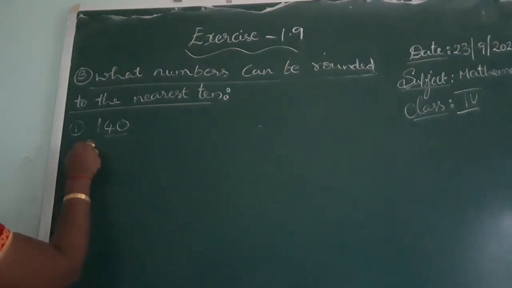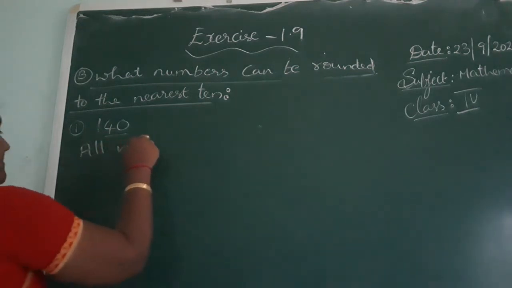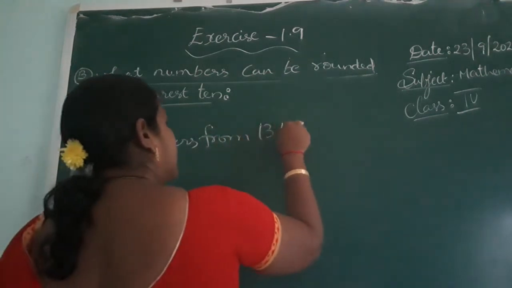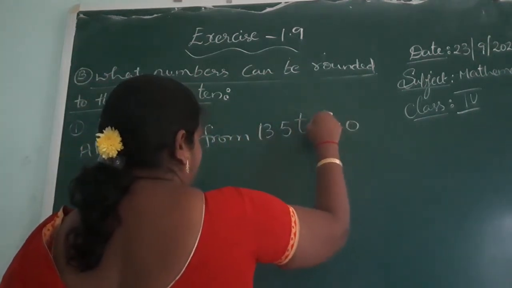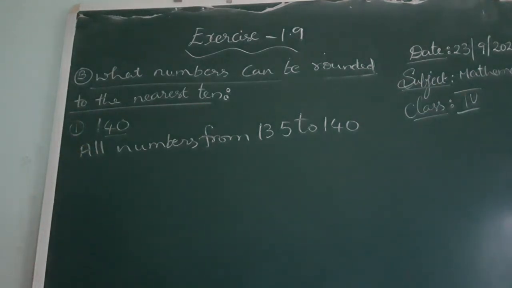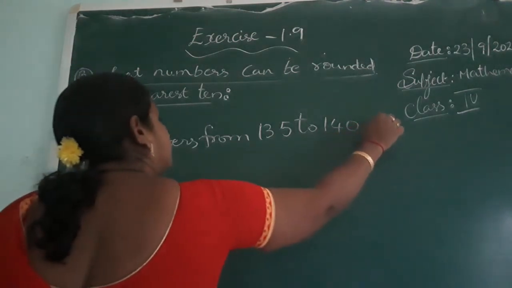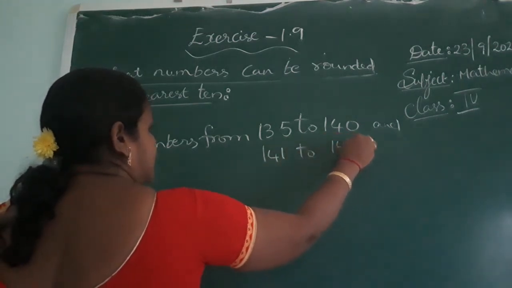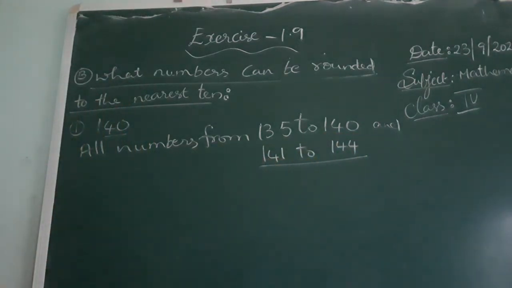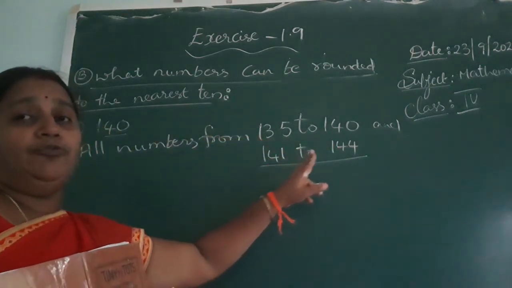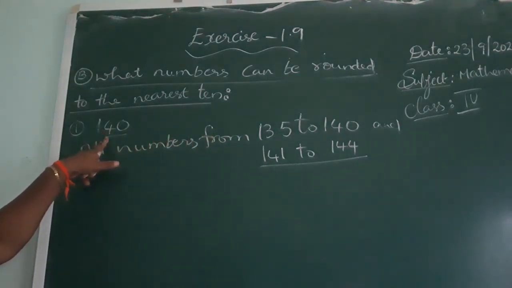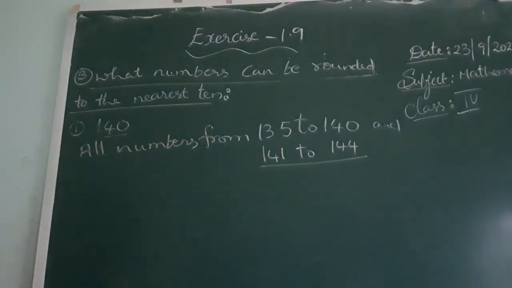The numbers from 135 onwards, from 135 to 140, and then 141 to 144 also round to 140. The numbers from 135 to 144 are all rounded to 140. See the next one.